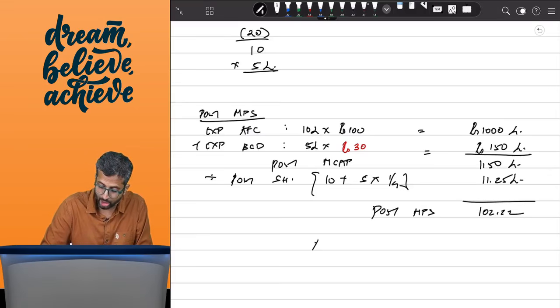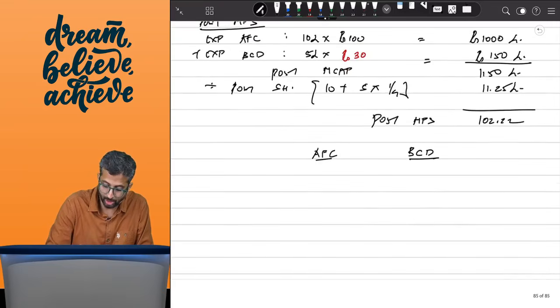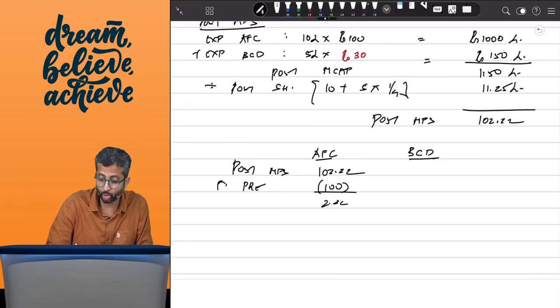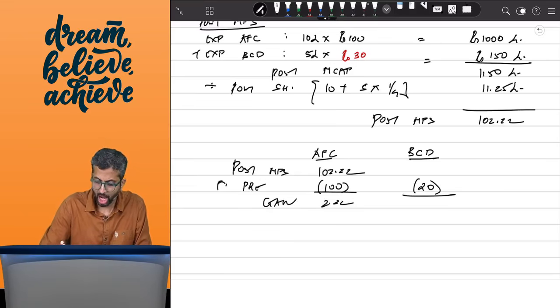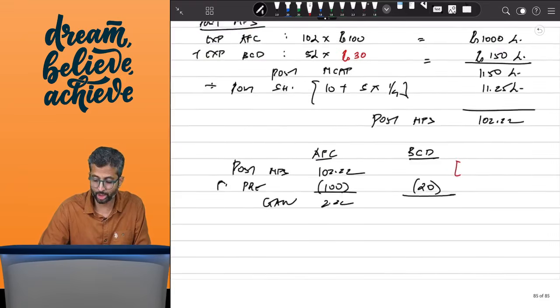And the question asks you to find the gain or loss for both set of shareholders, which will be, let us say, the post-merger market price per share of 102.22. Pre-merger AFC had shares which were worth 100, and hence 2.22 is the gain. However, for BCD, earlier each share was worth 20 rupees before the merger. However, post-merger, if you agree for a share swap, this is going to be worth, for example, 102.22.